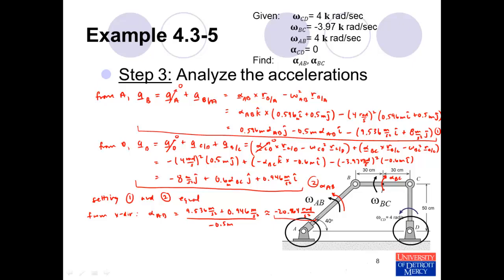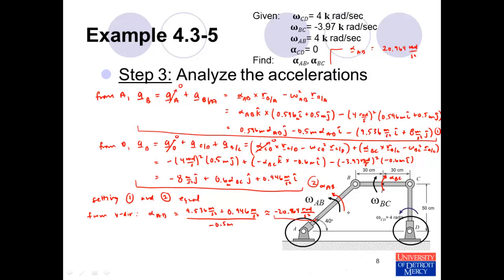Okay. And so here we found our alpha AB. Since it came out negative, that means it's in the opposite direction we originally assumed. So going up here, alpha AB is 20.964 radians per second squared.